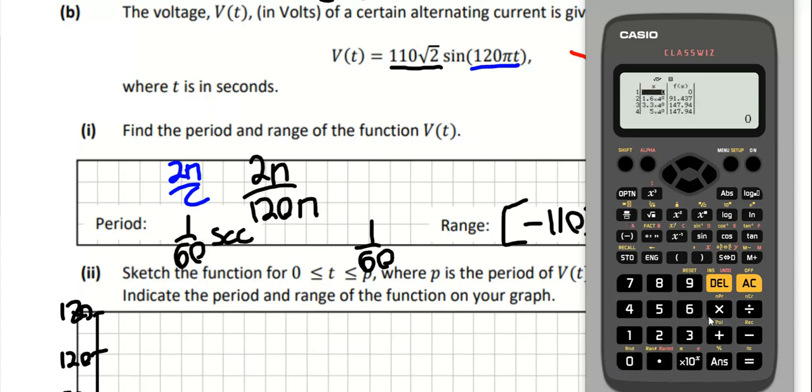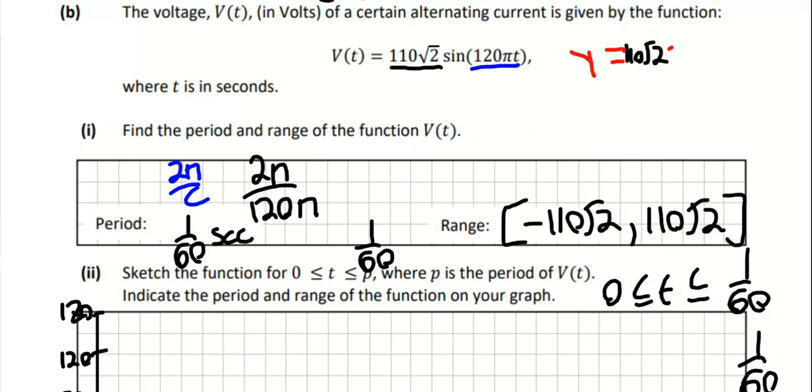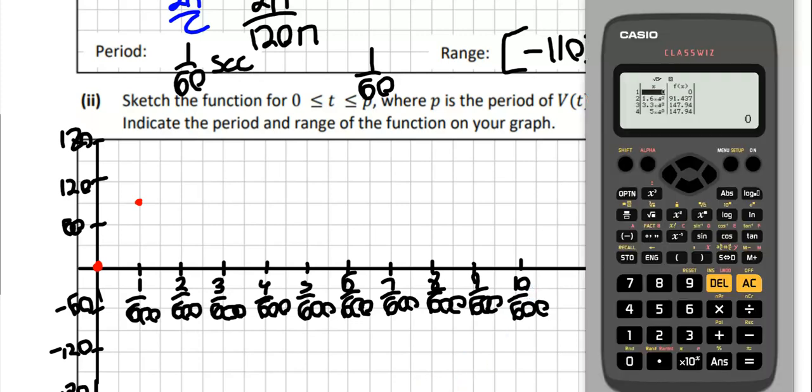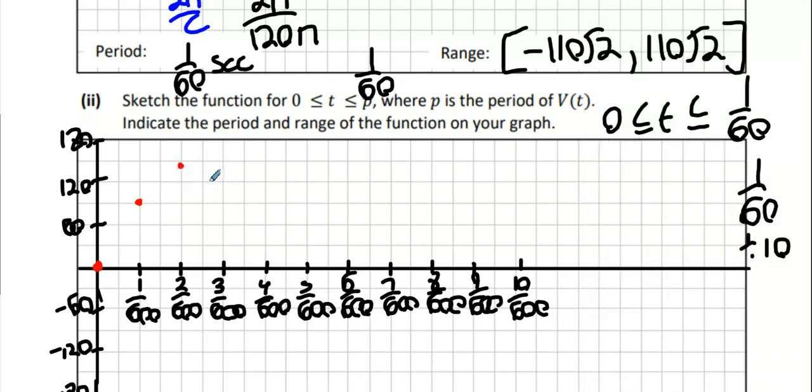Then I'm going to start off here. So it's going to be 0 and 91. Okay, so let's start with 0. Next one's going to be 91, which is barely above 90. 0.2 is going to be 148, which is just barely below 150. And 0.3 is barely below 150.